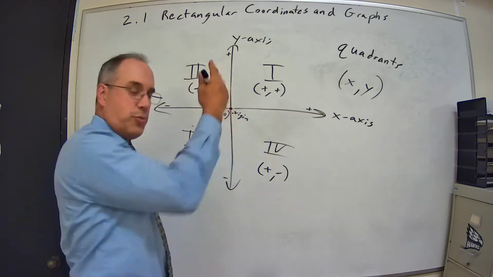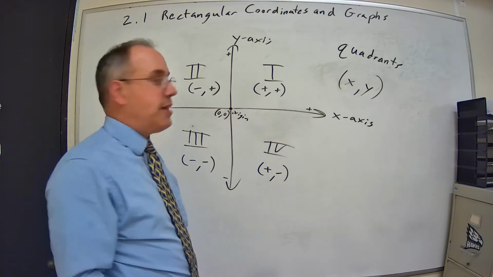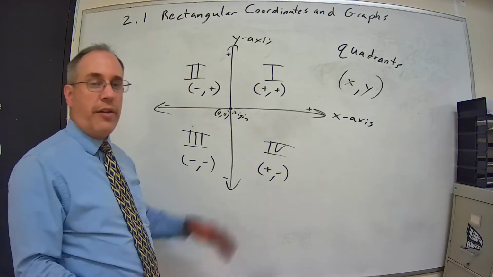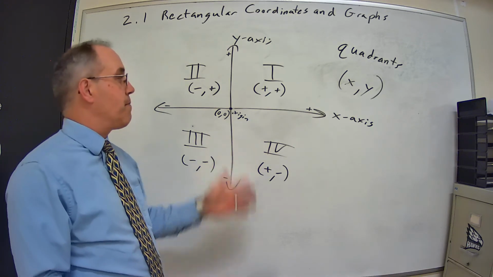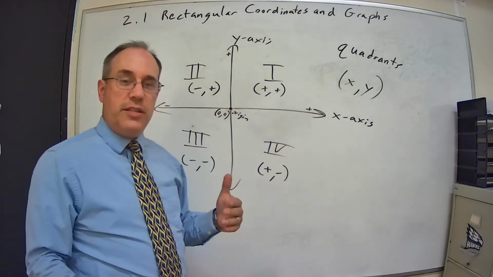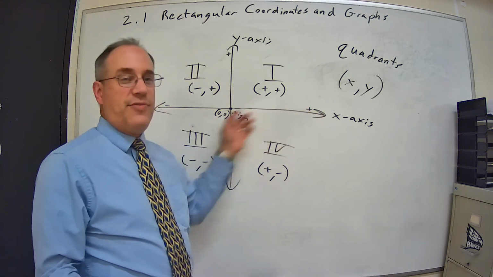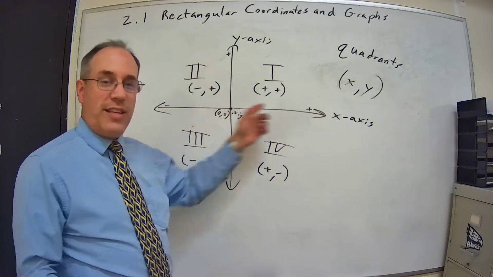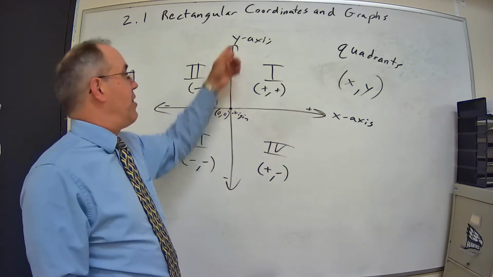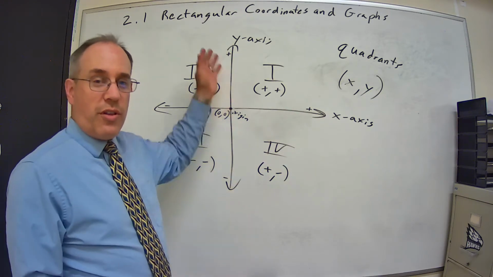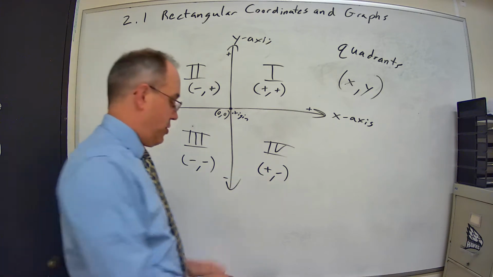The y-axis is what came later, that's what comes second. So when we're plotting points on our coordinate system like this, it should be relatively easy for us to remember that you plot the x value going along the x-axis first, and then the y value going along the y-axis. So that's the way we're going to do it.